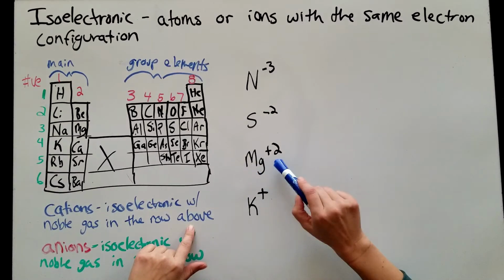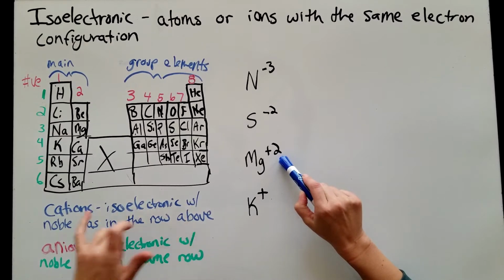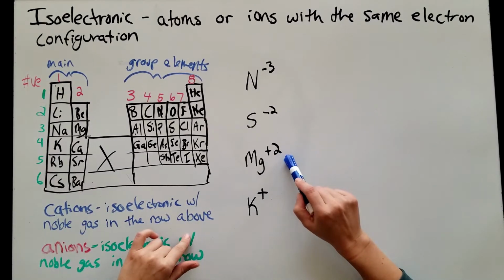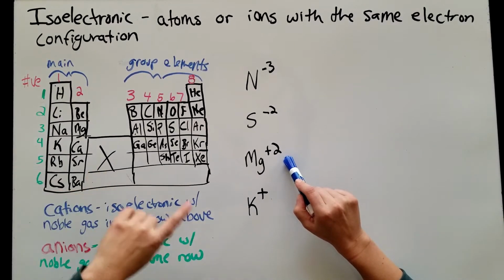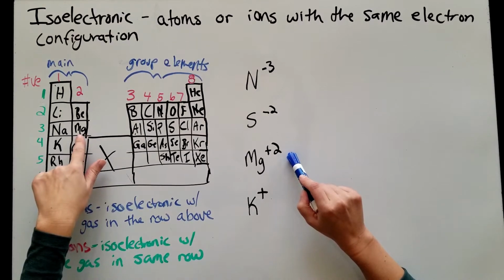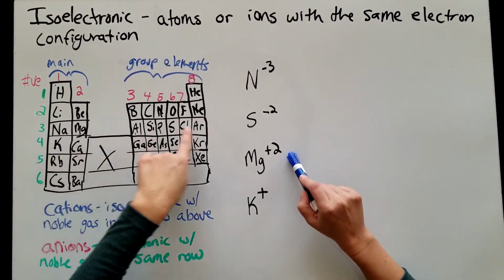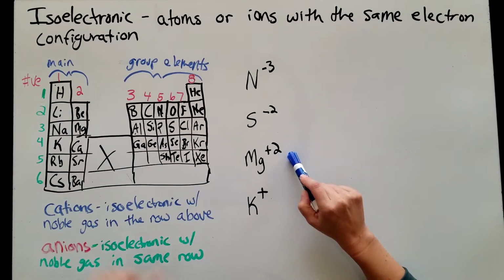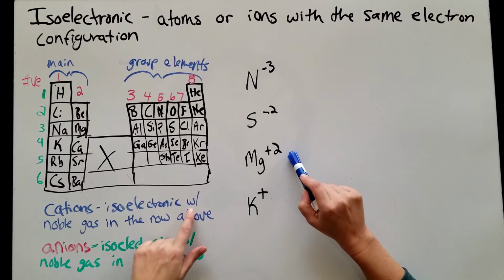Magnesium with a 2+ is a cation because it has a positive charge. Find magnesium on the periodic table. It's right here in period 3. Magnesium is going to be isoelectronic with the noble gas in the row above.